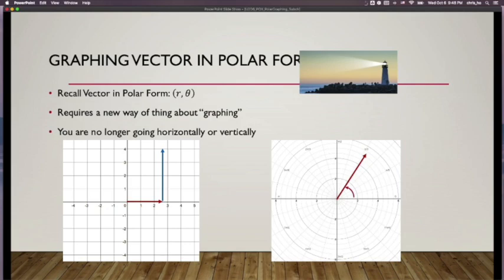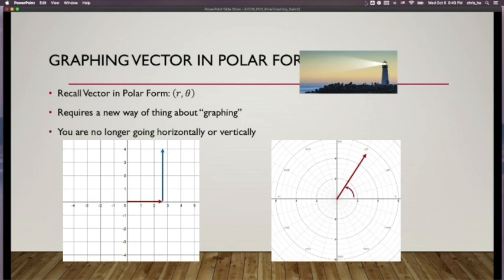The way to think about polar is easiest to think in terms of a lighthouse. Imagine you are a planted lighthouse. You don't move. All you can do is rotate your beam to a certain degree, and you can decide how far out you want to shine your beam.